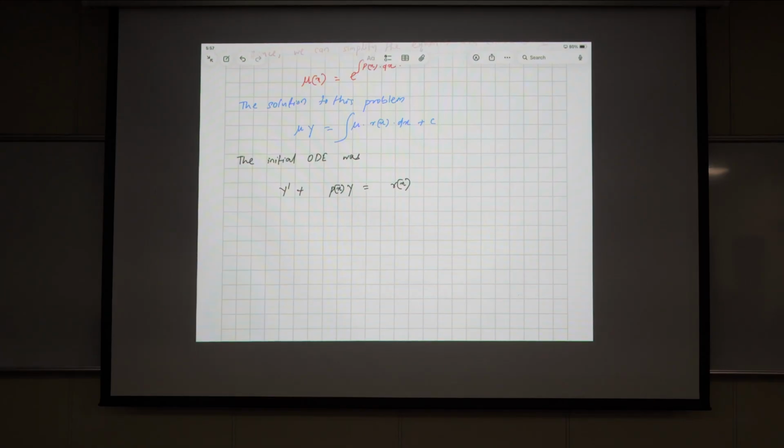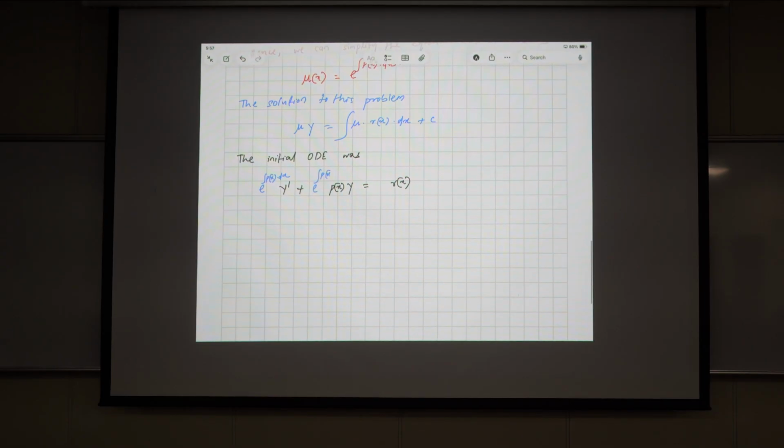Now what do we do? We multiply by the integrating factor, that is e to the power ∫p(x)dx.